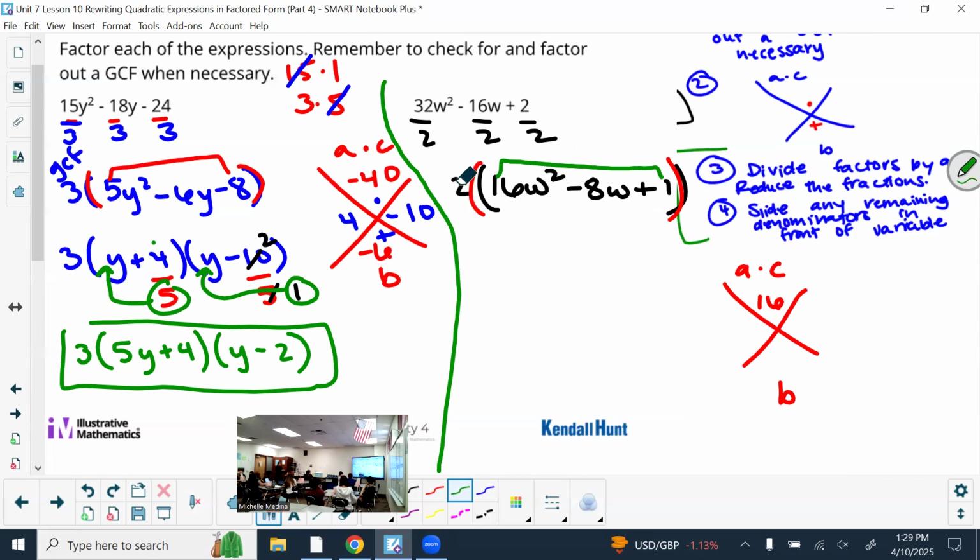What's going to be my B value? -8. That would change what numbers I picked that make it work, right? We're looking for 2 numbers that multiply to 16 and add to -8. What 2 numbers do that?